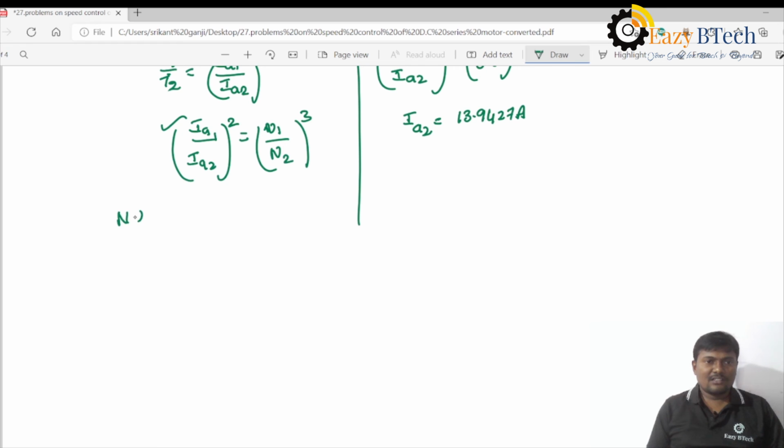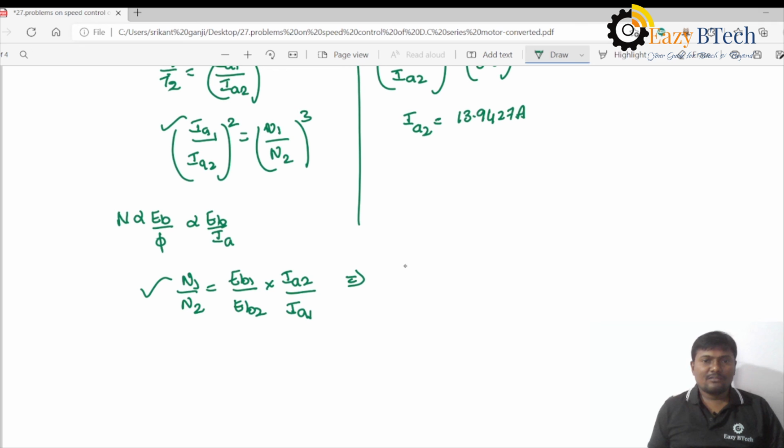So we have a relationship. N is directly proportional to Eb divided by flux, and flux is directly proportional to Ia, so N is directly proportional to Eb by Ia. Now N1 by N2 is equal to Eb1 by Eb2 into Ia2 divided by Ia1.